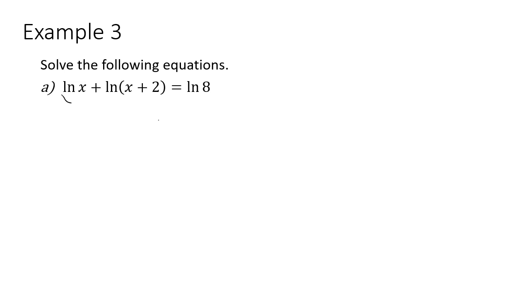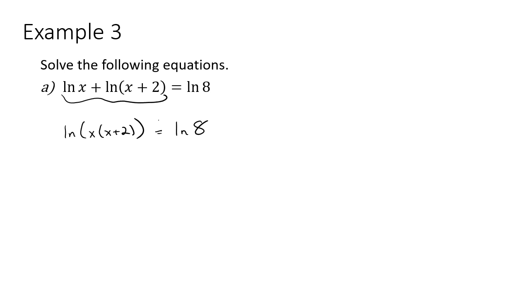So what we have to do is combine these 2 logarithms on the left together. And the sum of 2 logarithms, addition on the outside, is multiplication on the inside. So this would be the natural log of x times x plus 2. And be careful with the parentheses there. This is now equal to the natural log of 8.